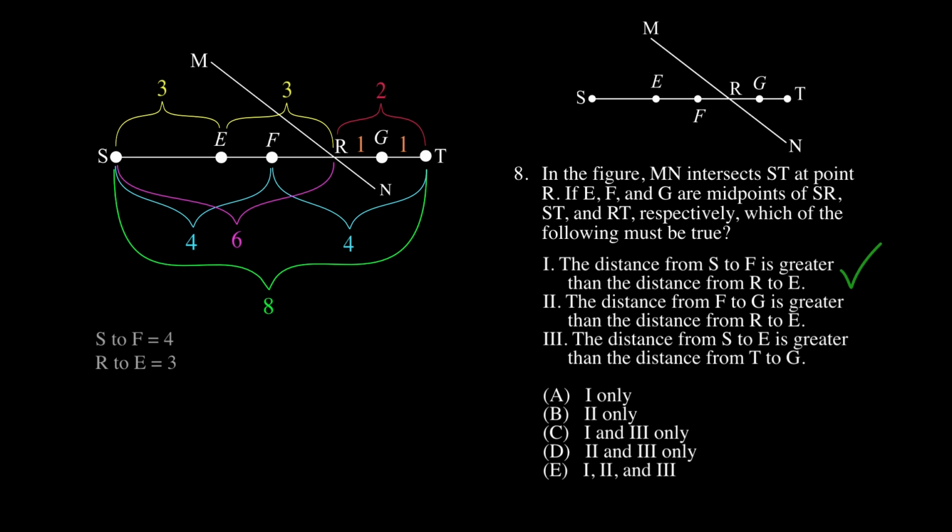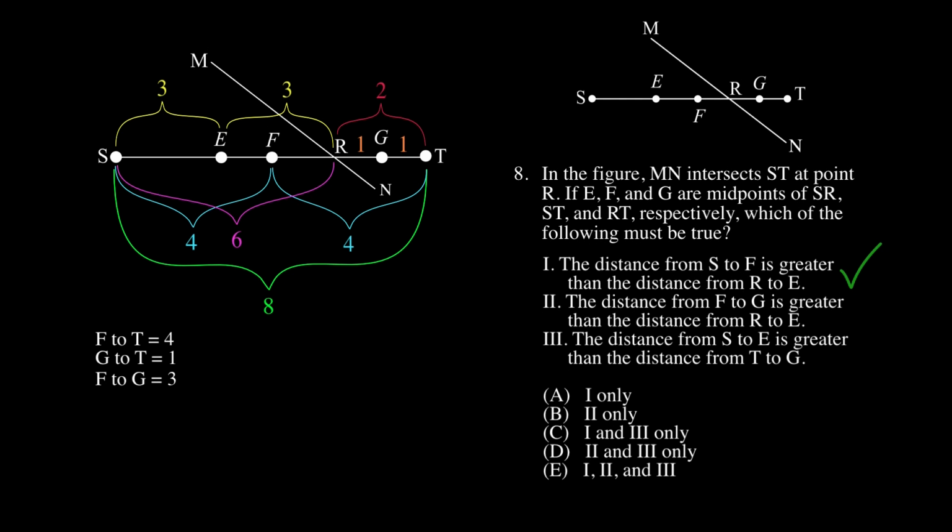Okay, so looking at Roman numeral 2, the distance from F to G. This is a little bit trickier. We have to do a little bit more math. We know that the distance from F to T is 4, and we know that the distance from G to T is 1. So the distance from F to G is the distance from F to T minus the distance from G to T. So it would be 4 minus 1, which is 3.